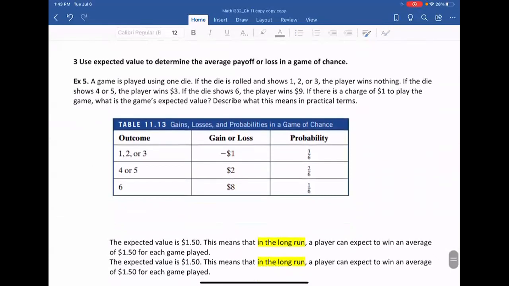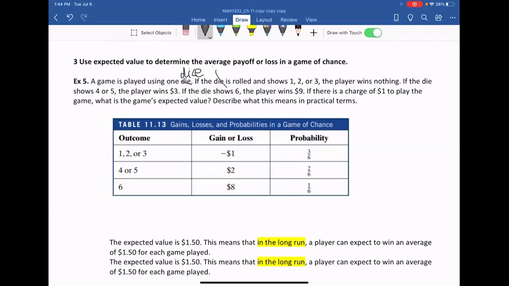Use expected value to determine the average payoff or loss in a game of chance. Example 5. A game is played using one die. If the die is rolled and shows 1, 2, 3, the player wins nothing.